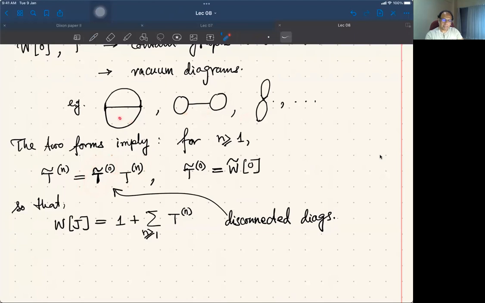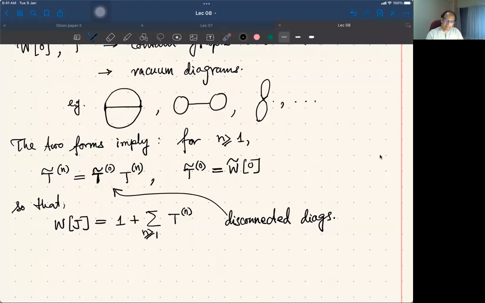If you have this diagram and you have this diagram, there is no restriction that you cannot have a diagram which is this times this, a disconnected diagram sitting inside this T tilde. So both T tilde 0 and Tn will have disconnected pieces.